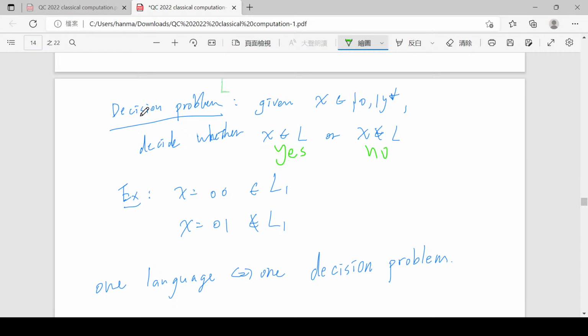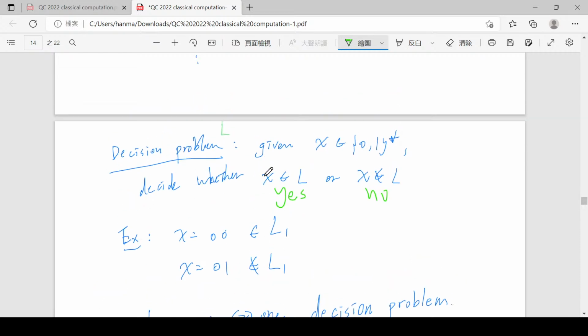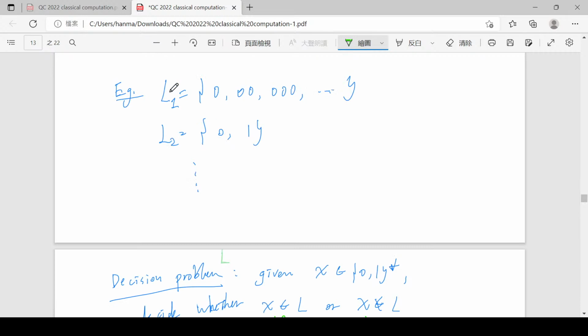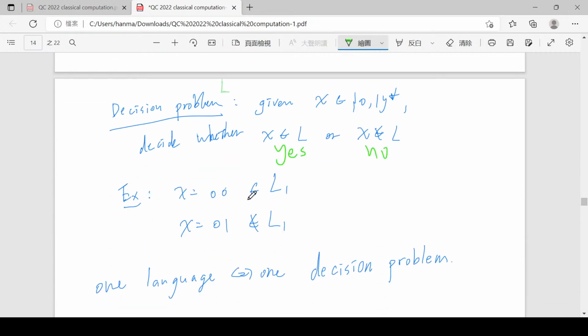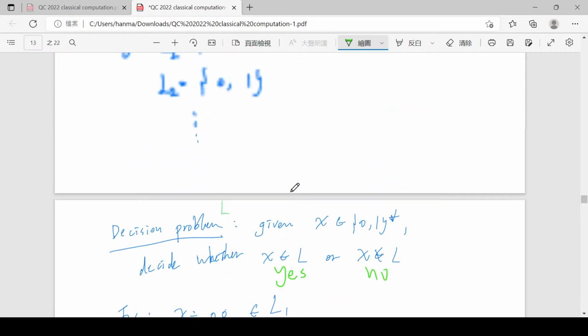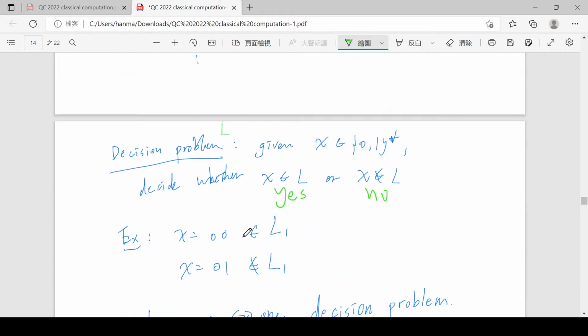So your decision problem related to this language of all 0 strings, and you ask, is this input of 0, 0 in your language L1? And the answer is yes, so you should say yes.